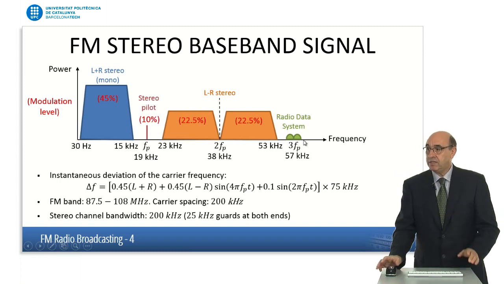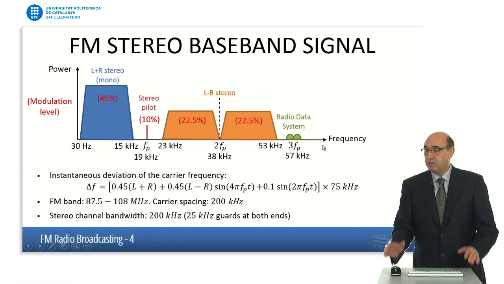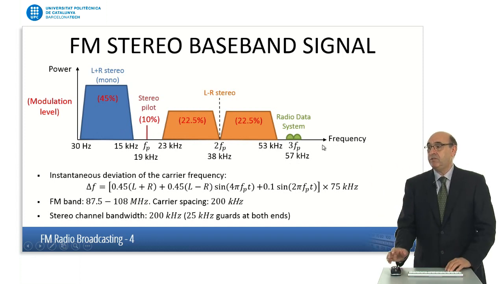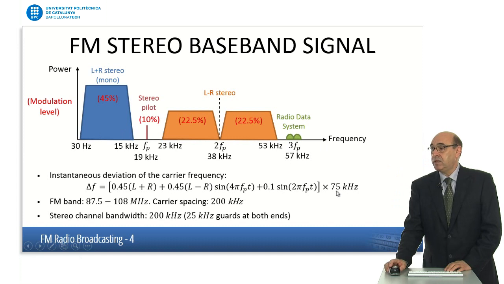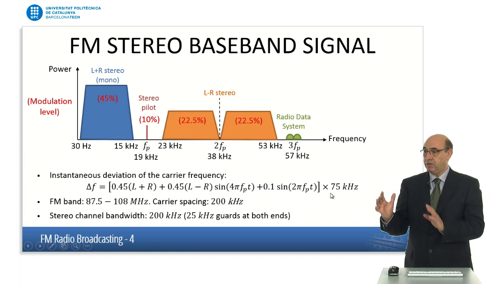But we don't send the signal directly. What we do with the signal, we modulate the carrier. And in the frequency modulation, we expand this carrier to plus minus 75 kilohertz. So whenever this is positive, those signals add to positive, we could go up to 75 kilohertz.